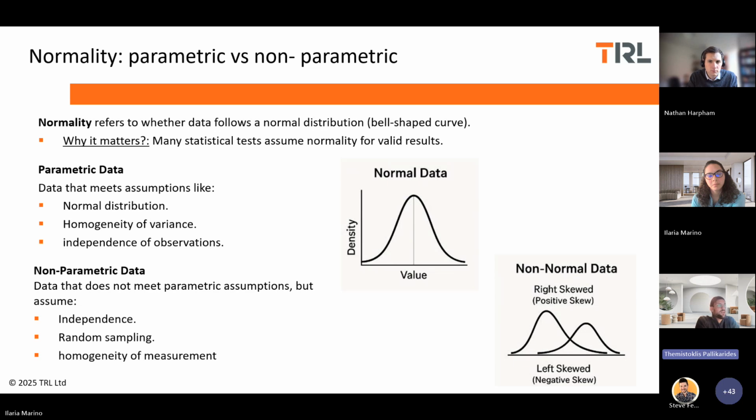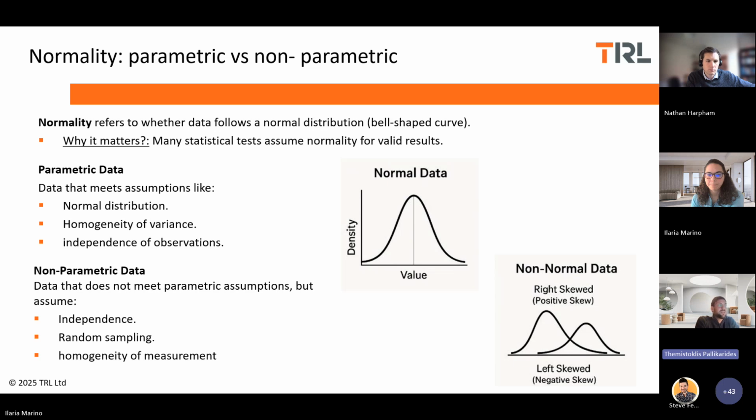What is normality? Well, normality is whether data follows this normal distribution, or this bell-shaped curve that you can see on the screen. In a normal distribution, you would see a peak, while in a non-normal distribution, you would see variable peaks or skews or data being scattered around. Why is it important to know whether your data is parametric or non-parametric?